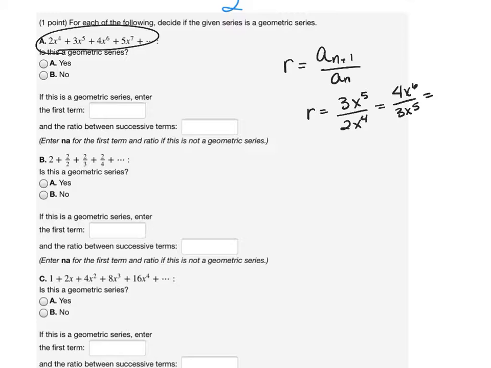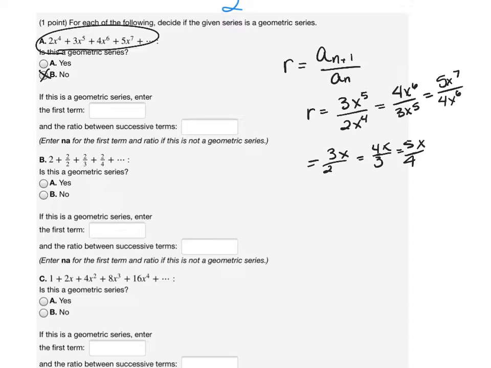So I also have to make sure that 5x to the 7th over 4x to the 6th is the same thing. So I get 3 over 2 just doing that part of it, and then I have an x in the numerator. Does that equal the same thing as 4 over 3 with x in the numerator? Does that equal the same thing as 5 over 4 with x in the numerator? Are those all the same numbers? No. So the answer is no.